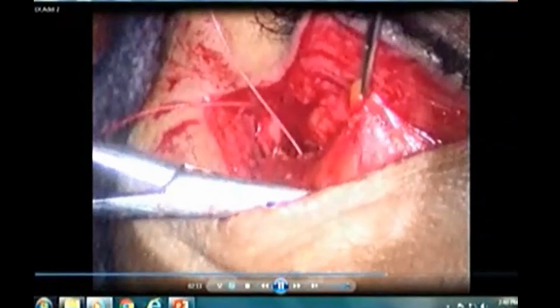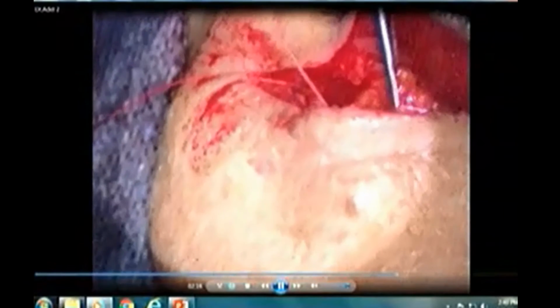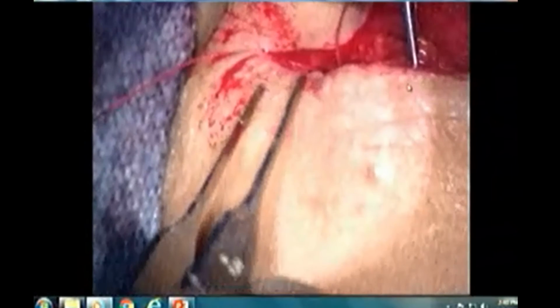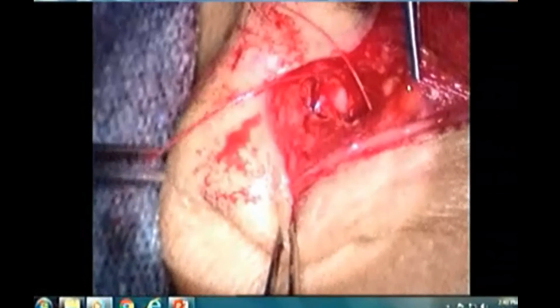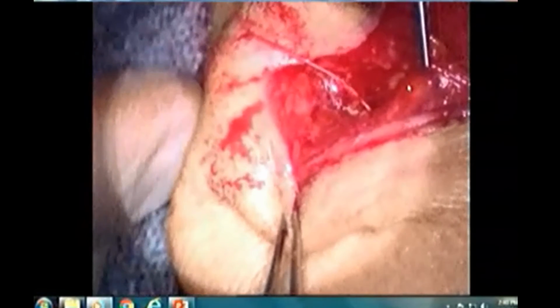At the same time, this is the attachment of the orbicularis to the orbital rim, so I ask my assistant to lift it up, and tie it to the orbital rim laterally here.